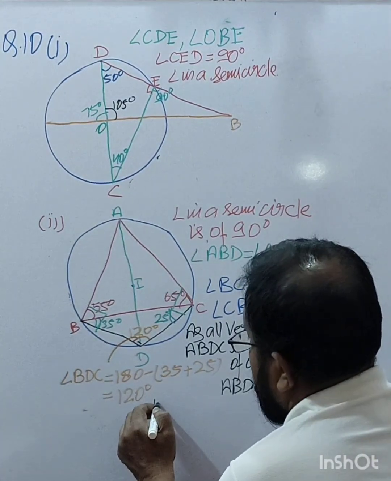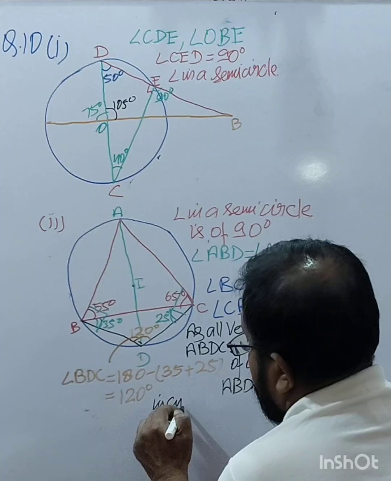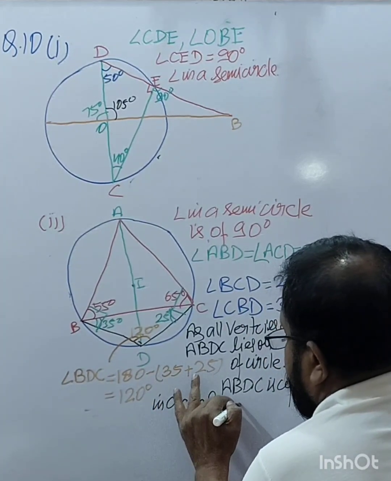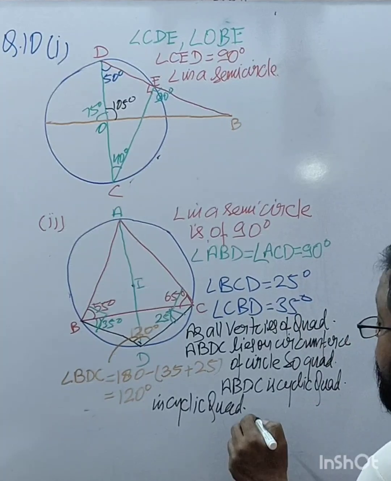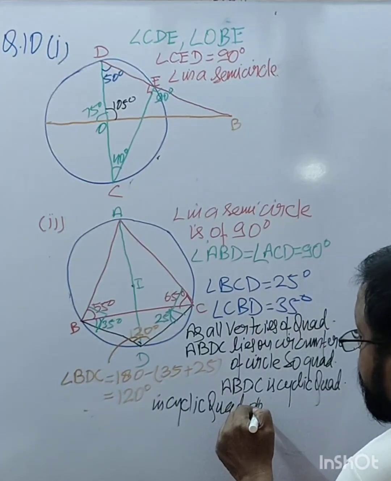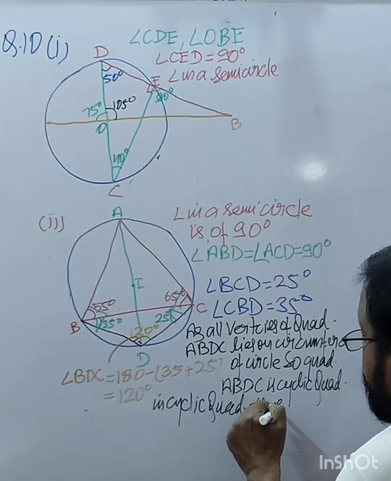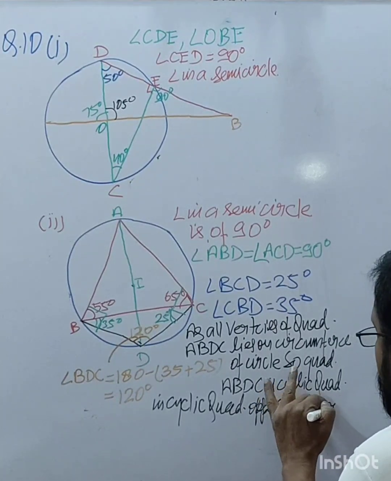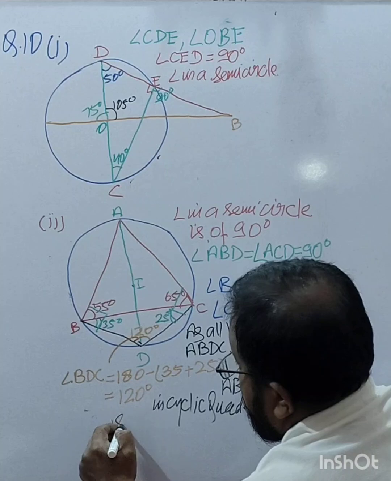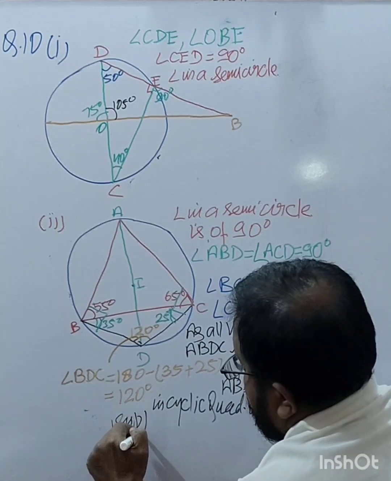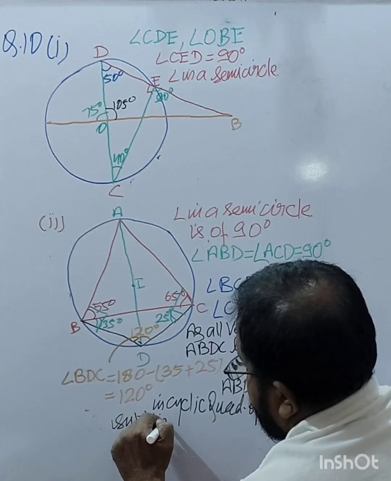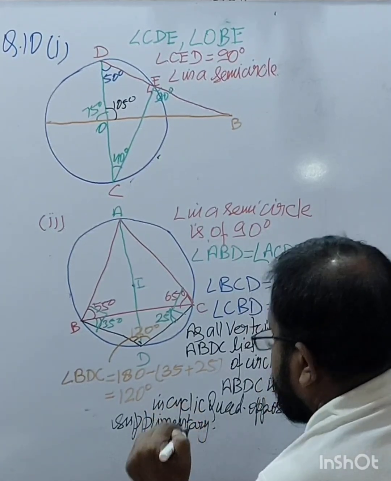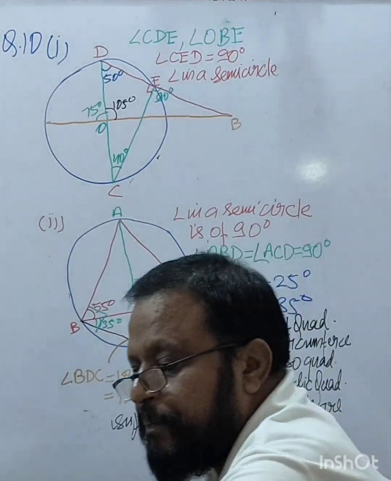And in a cyclic quadrilateral, opposite angles are supplementary. Right?